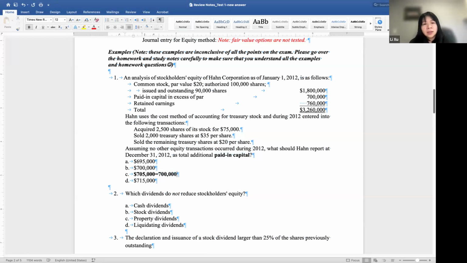And then let's take a look at what happened. First, you bought 2,500 shares of its stock for 75,000, right? And for this transaction, did it impact the additional paid-in capital? Yes, no?